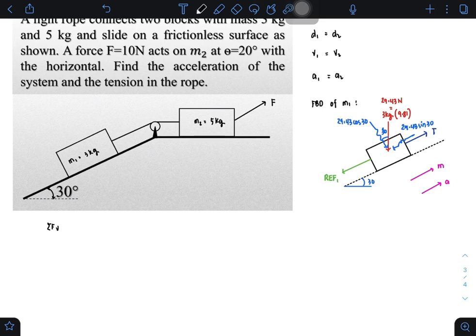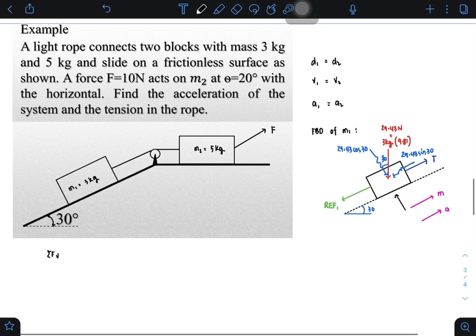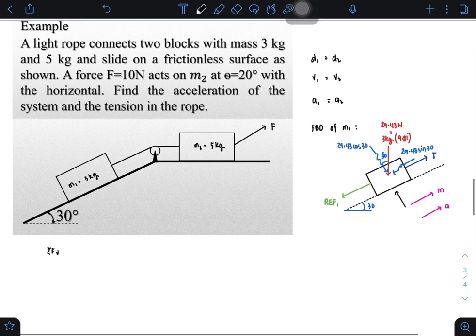I don't think so, because there is no friction. So therefore, we can choose not to consider the normal force. So we can immediately proceed in doing the summation of forces horizontal on the shifted axis.